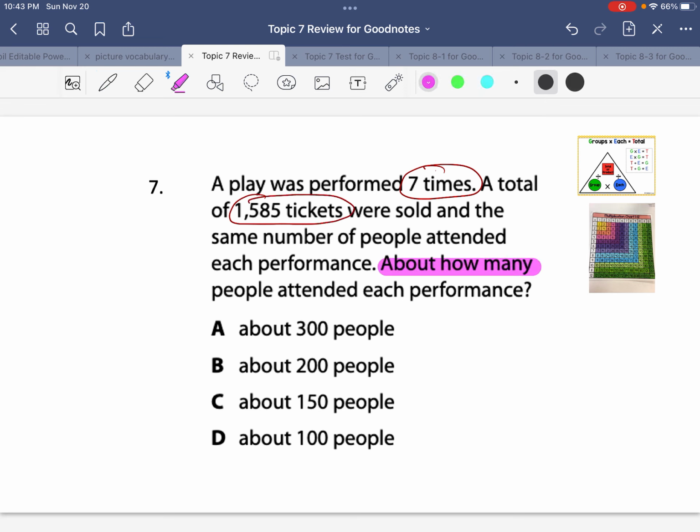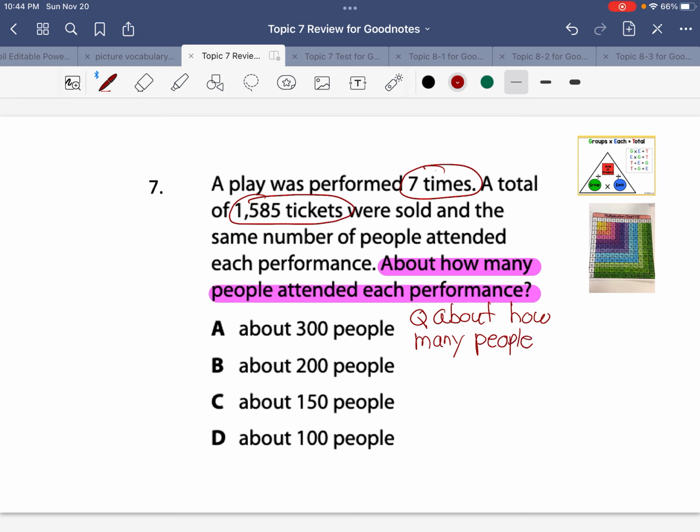Okay, so I'm going to rewrite my question. About how many people went to each event. I'm just going to put event to make it a little bit shorter.